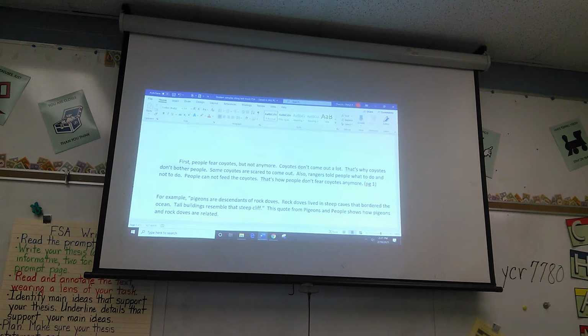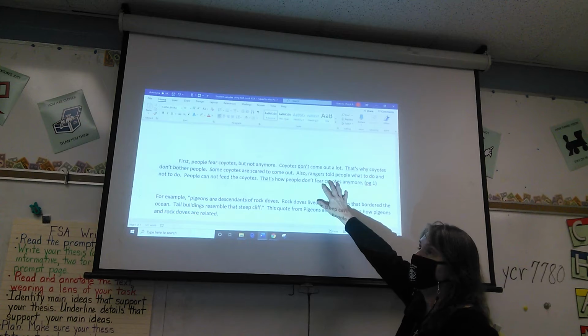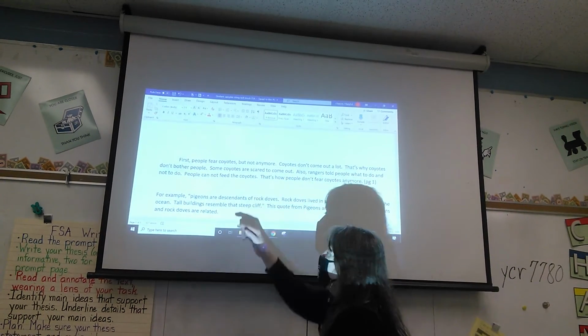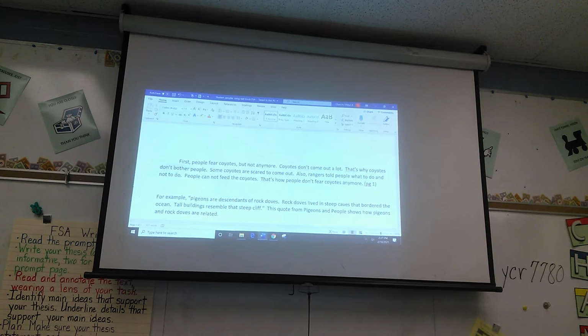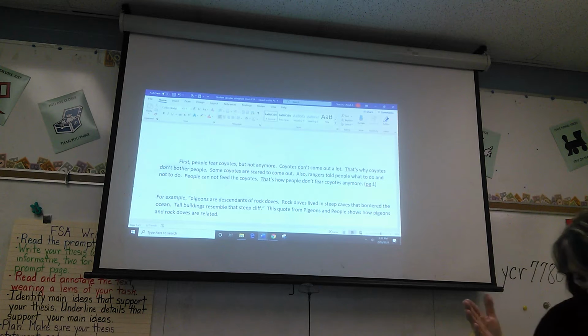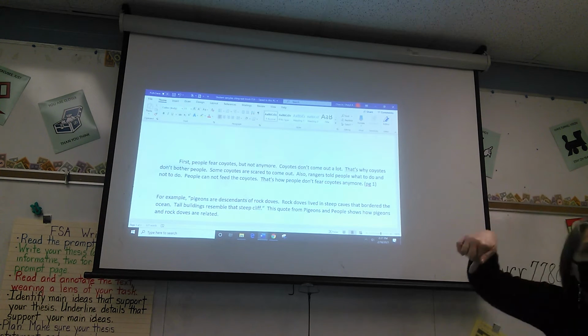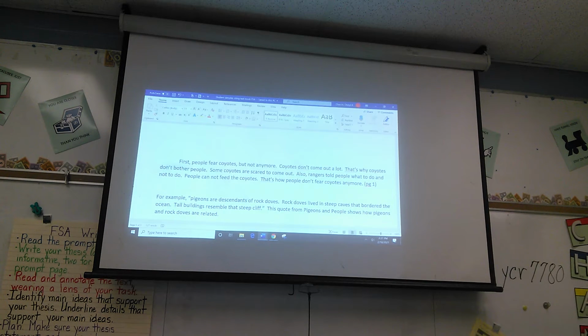So if this came from an article and it was quoted or summarized, right after it there might have been parentheses with the last name of the person who wrote the article about the coyotes, then PAR period, and then the number of the paragraph, not the page in the text set.